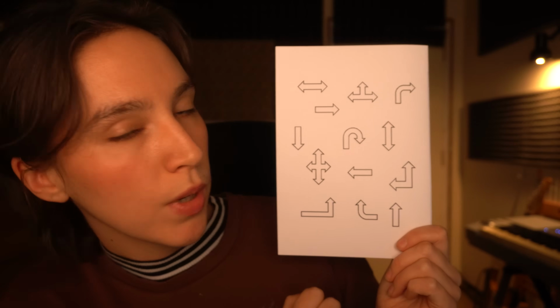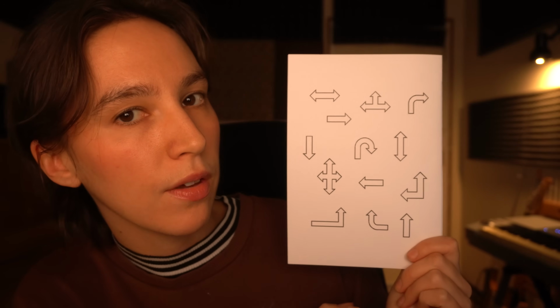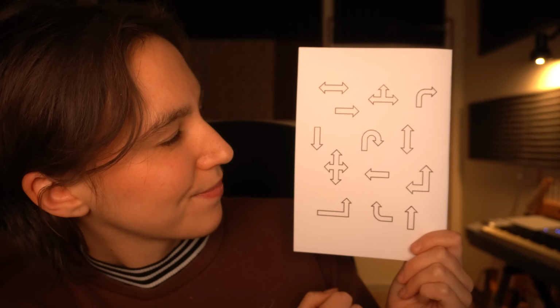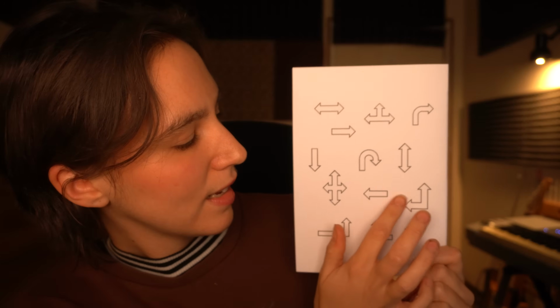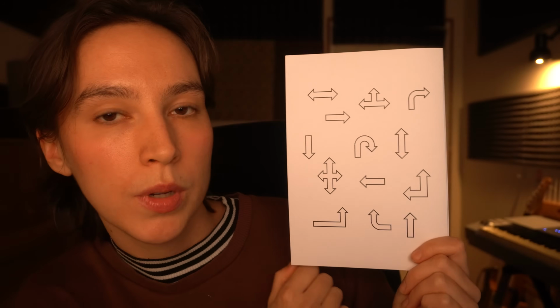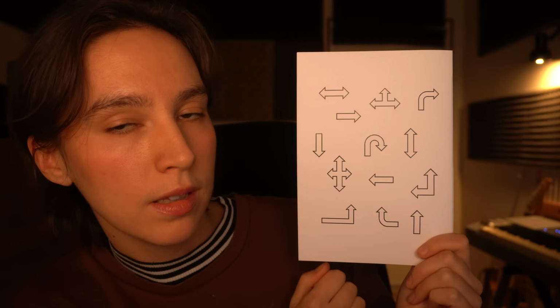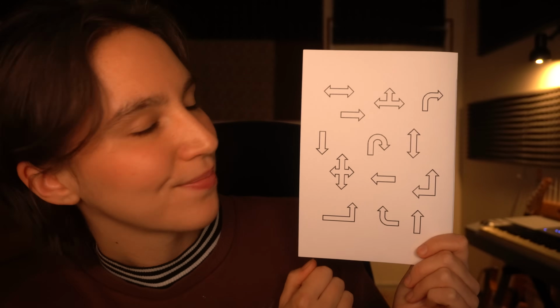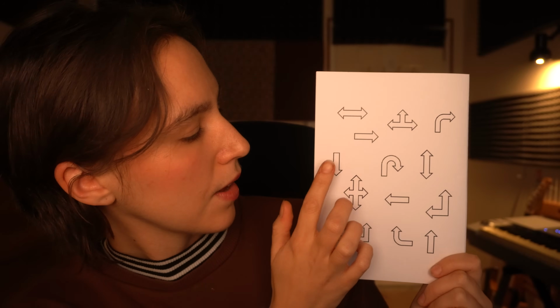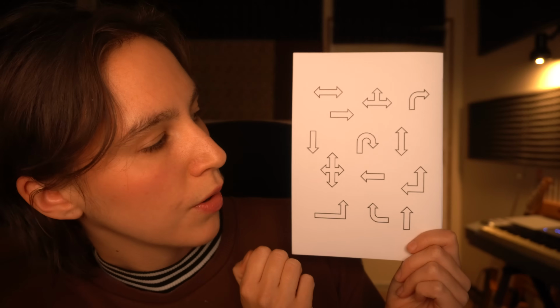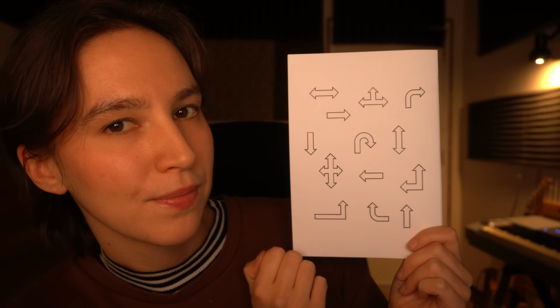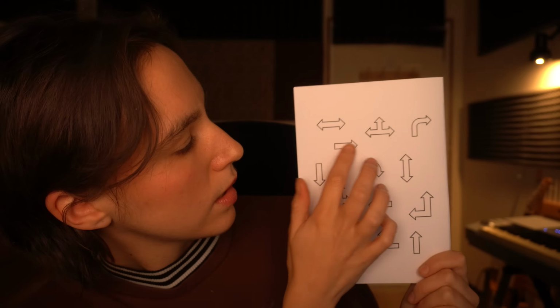Can you point to the arrow facing left, the left facing arrow? Good, it is here. Can you point to the arrow facing down, the down facing arrow? Very good, it is here. And can you point to the arrow facing right, facing to the right? Very good, it is up here.